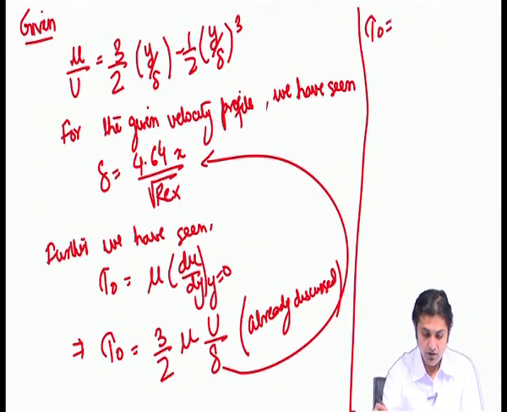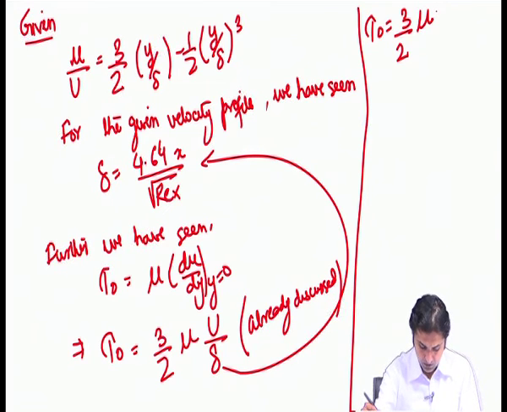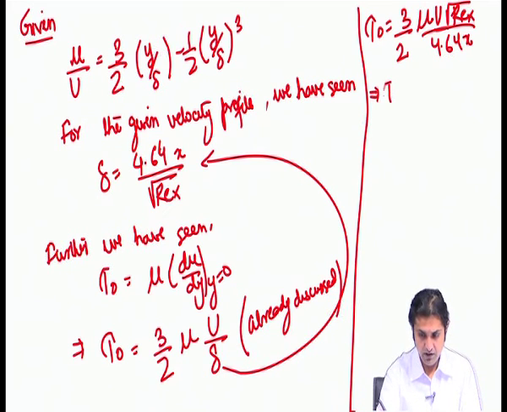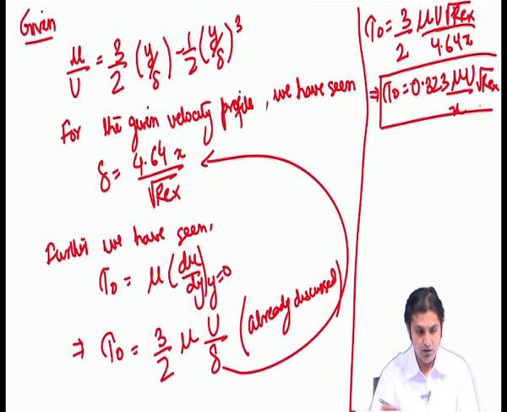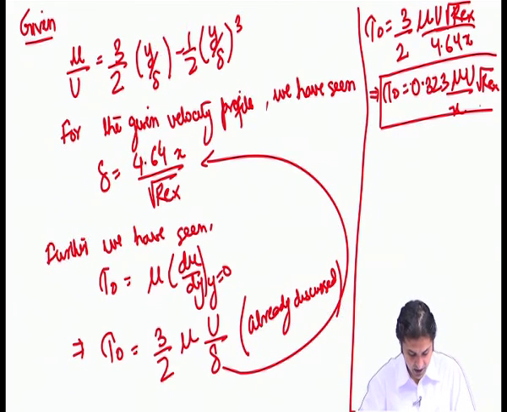So, tau naught is 3 by 2 mu U under root Rex over 4.64 x, or finally tau naught can be written as 0.323 mu capital U by x under root Rex. All right. Now, the second part is how do we find the drag force? Very simple, we have laid down the procedure.